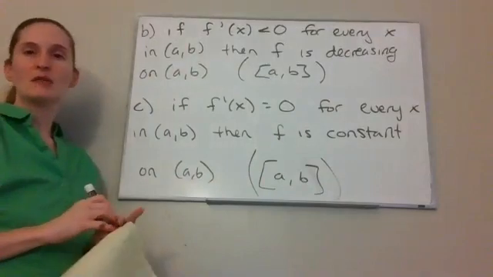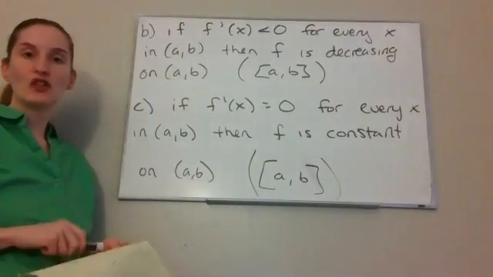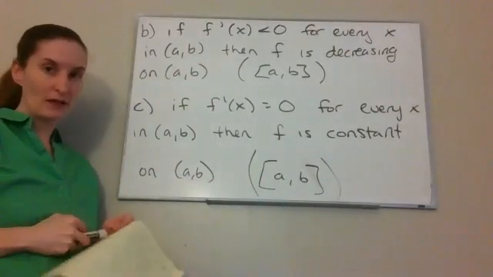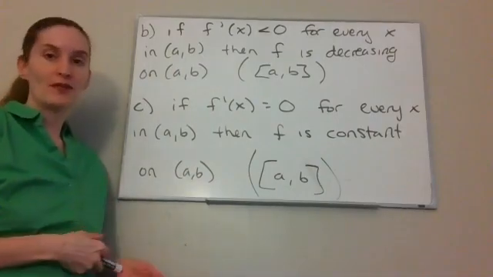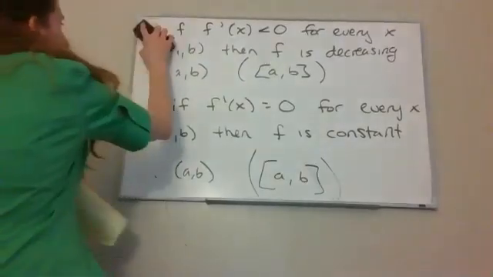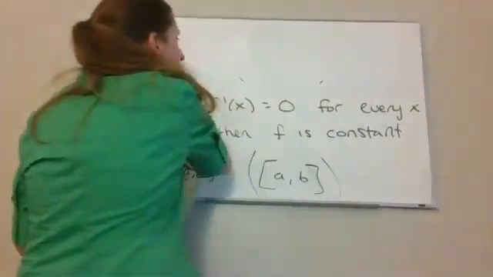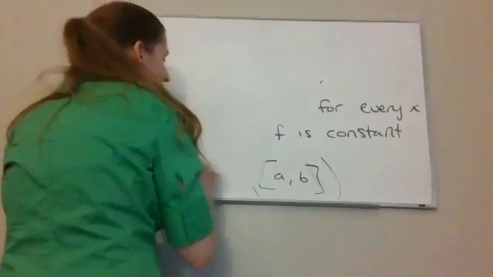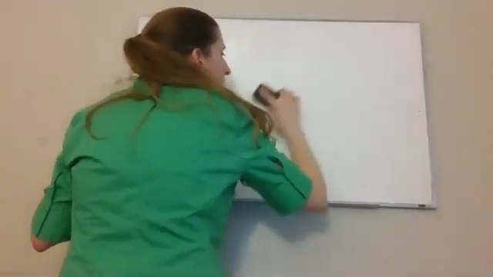So this tells us that we can figure out if the graph of the function is going up or down or staying flat just by looking at the derivative of the function. And so let's do our first example using the derivative to find where our function's increasing or decreasing.